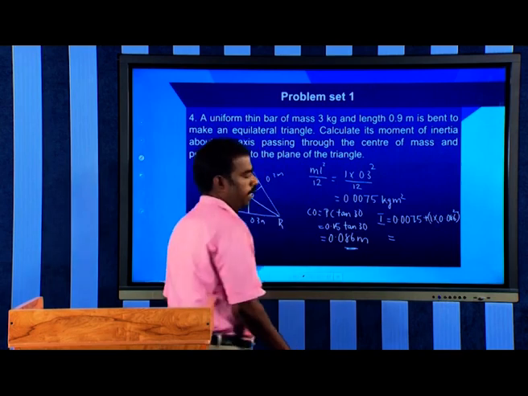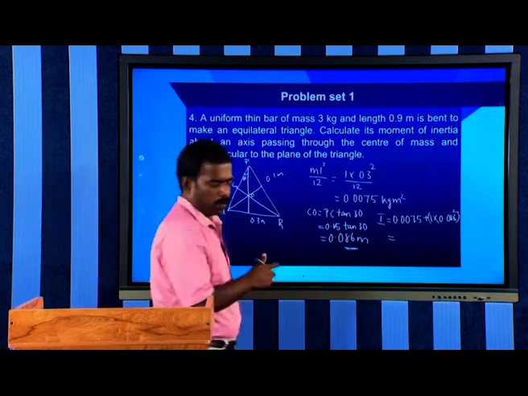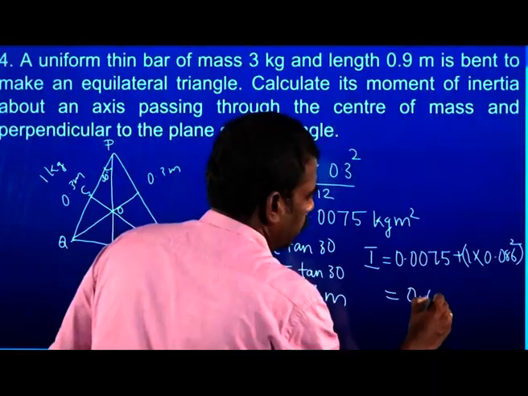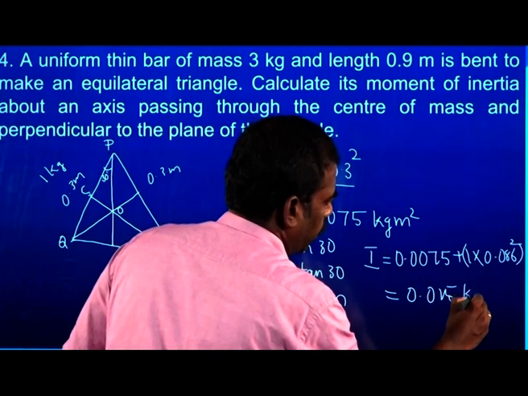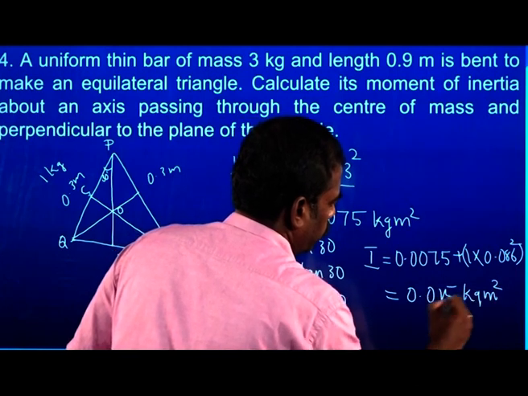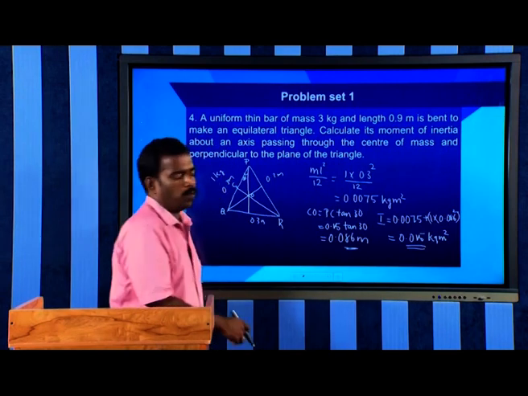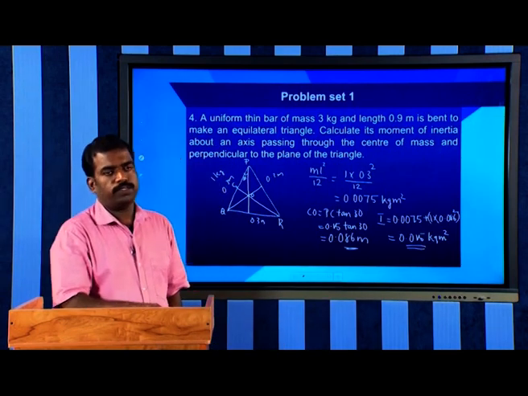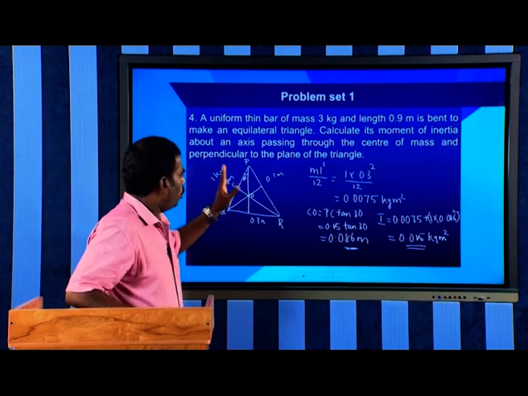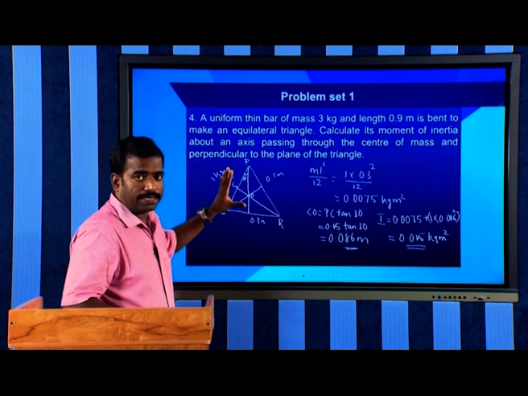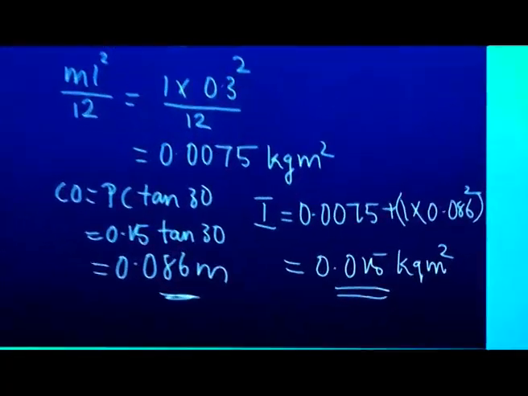So, you will get approximately 0.015 kilogram meter square. So, this is the moment of inertia of one side about the axis O.